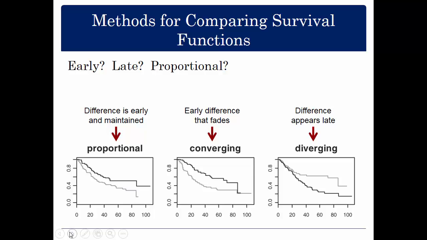If it is, then a hazard ratio will do a very good job of telling you something about the benefit of treatment over the entire study period. However, if you have Kaplan-Meier curves that converge, which basically means I see a difference between them early, but by some point late, they actually end up having the same exact survival estimates.